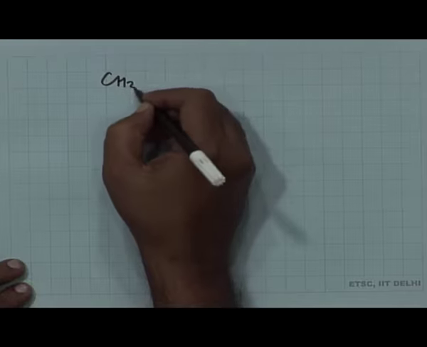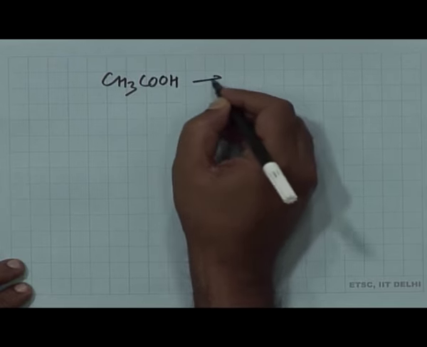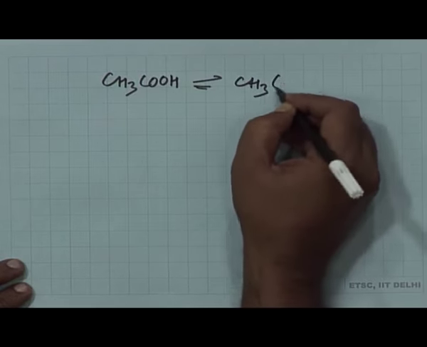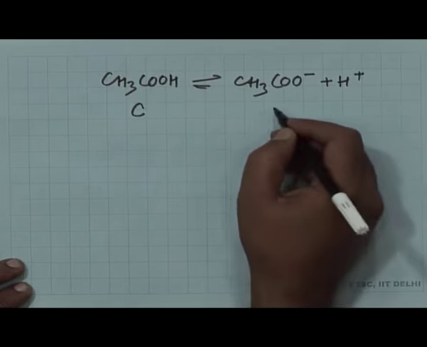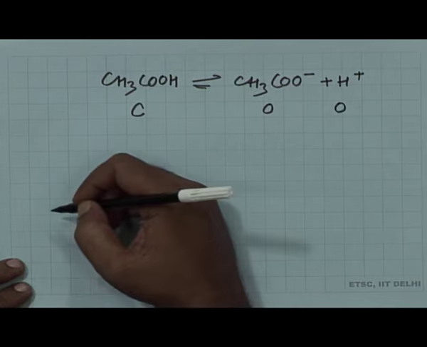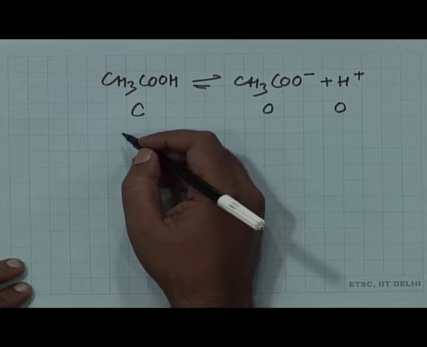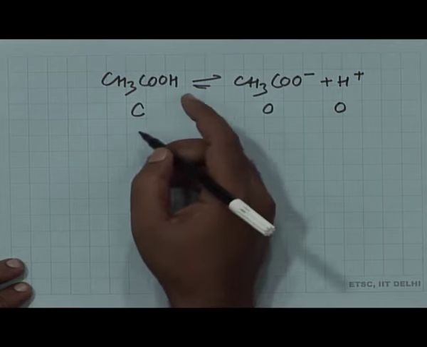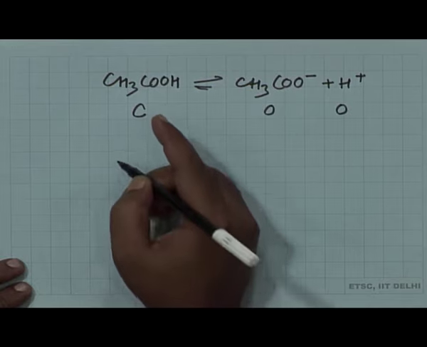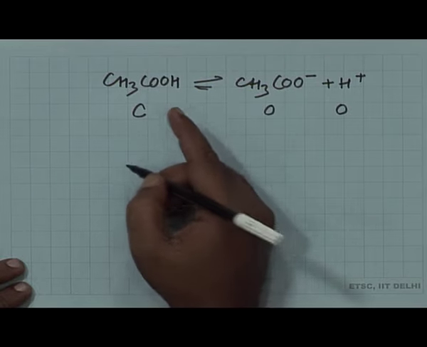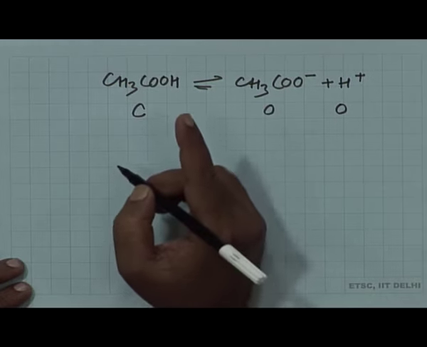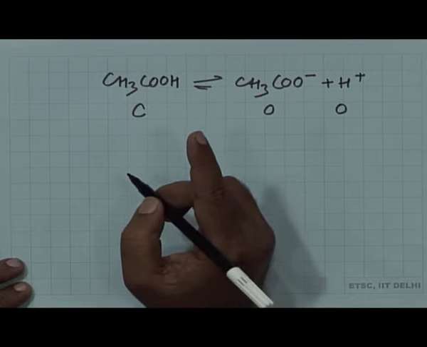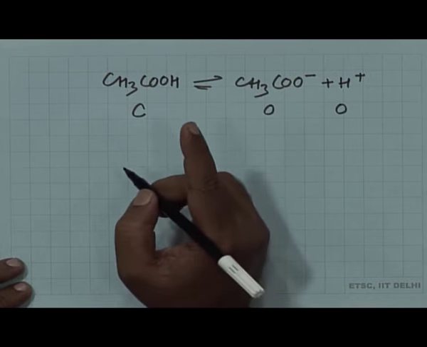Suppose I take another concentration: CH3COOH going to CH3COO minus plus H plus. I start with C, 0, 0. We know that alpha is the amount of CH3COOH which has gone to ionic form per mole of acetic acid.